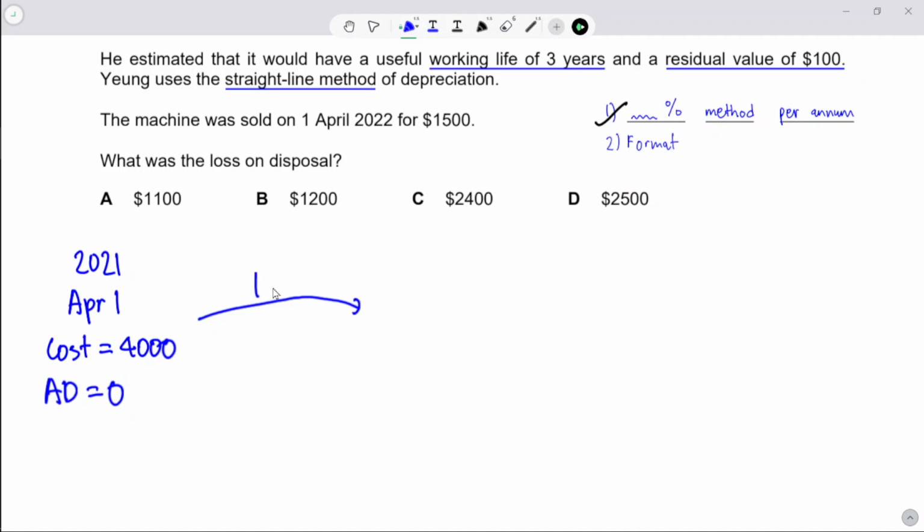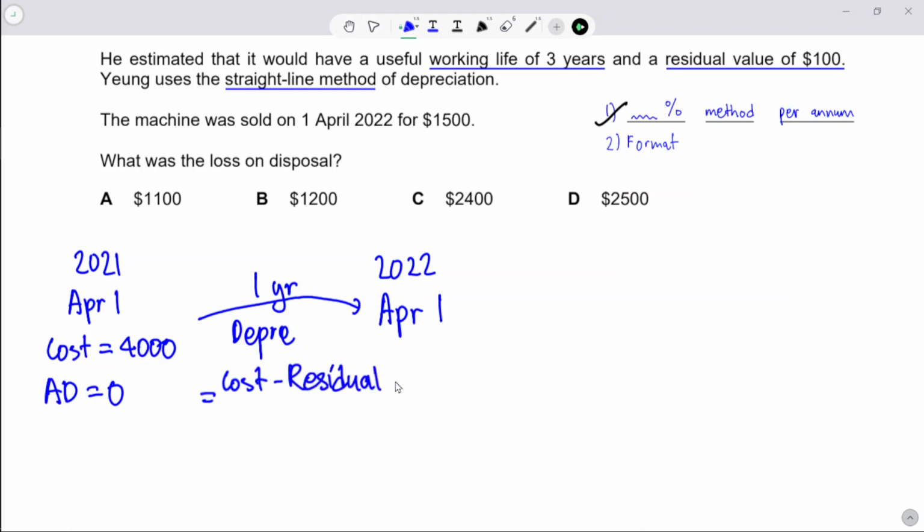So after 1 year, so the depreciation will equal to the formula: cost minus residual value over the useful life.